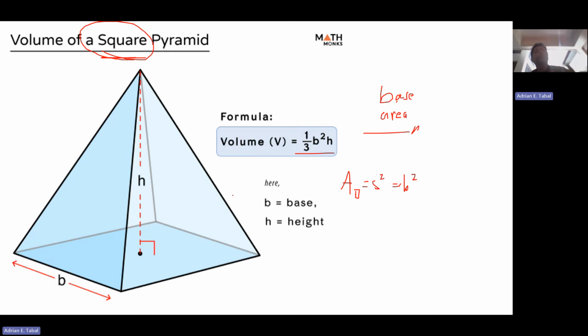If you fill that pyramid with something like sand or water and pour it into the prism, you need exactly three pyramids of that size to completely fill the prism. So the pyramid's volume is always one third of the prism's volume, that is why the pyramid is always one third of a cuboid, or rectangular prism.